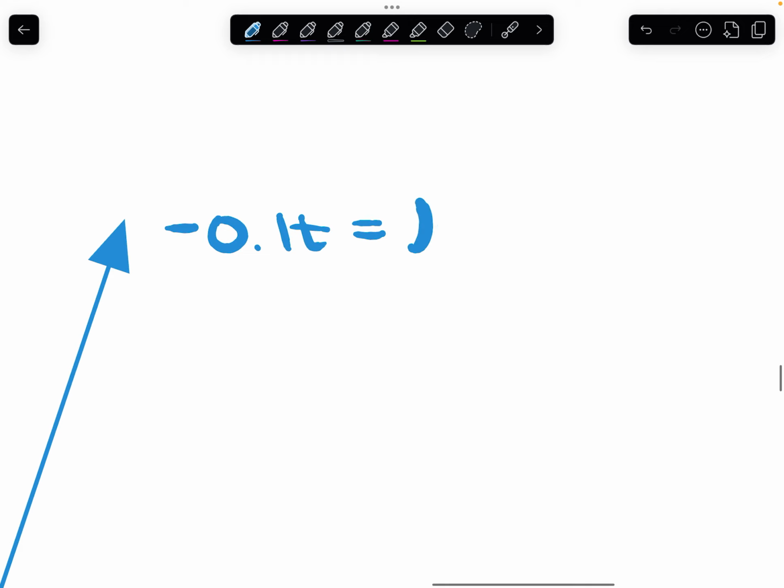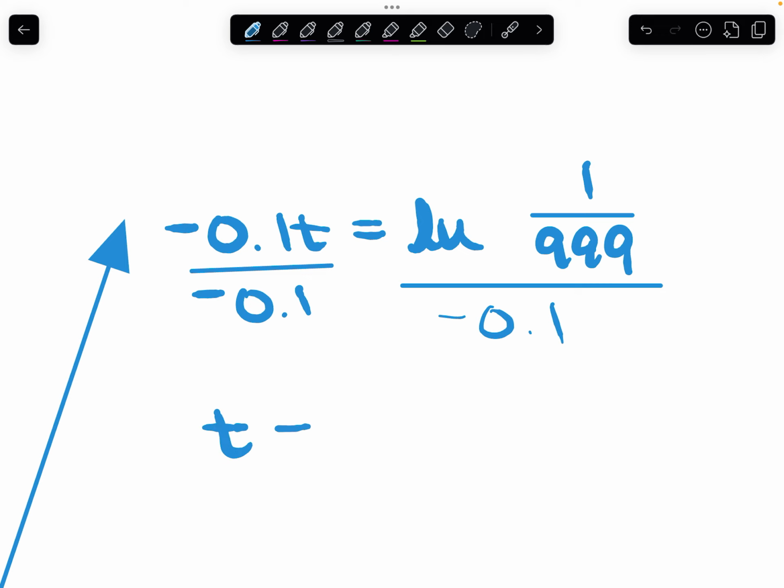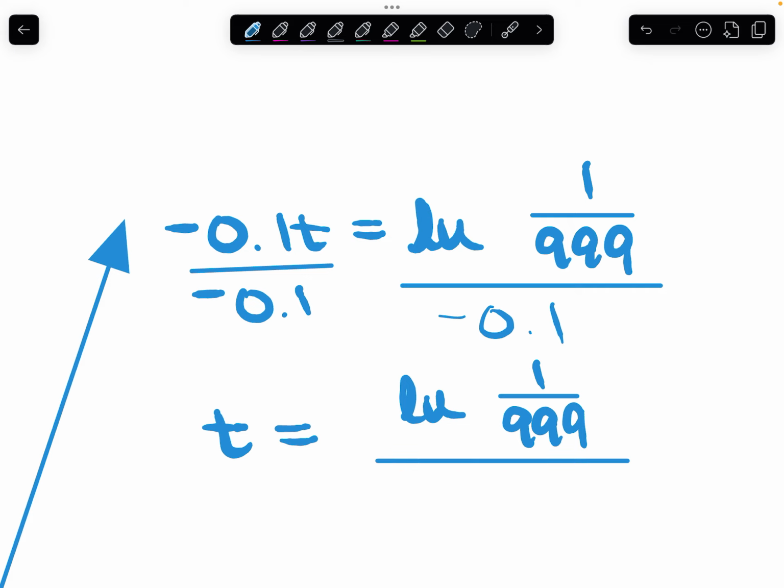Divide to get t by itself. So t is the natural log of 1 over 999 all over negative 0.1.